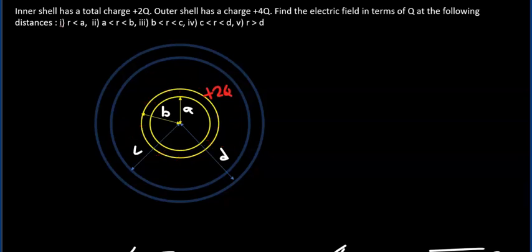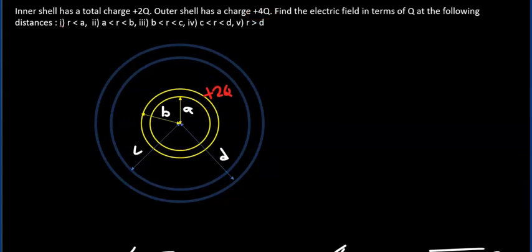Now let's look at the outer shell. We know it has a total charge of plus 4q. How is that plus 4q distributed? Now the inner shell has a charge plus 2q. So this plus 2q will induce an equal amount but opposite sign charge on the inner surface of the outer shell.